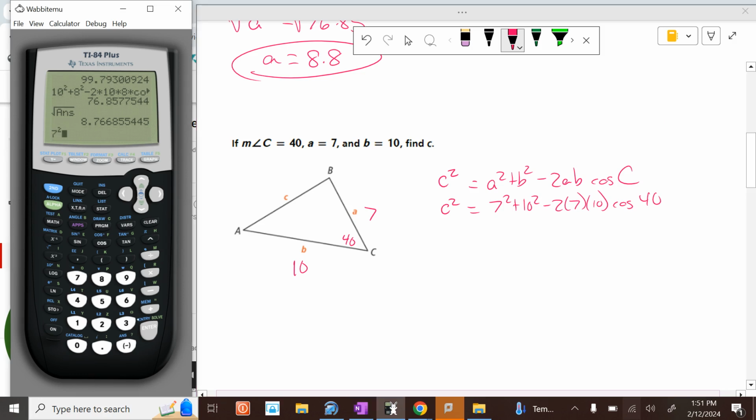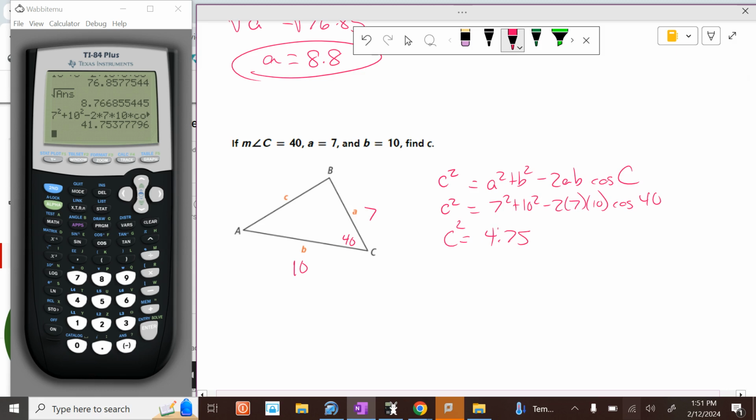7 squared plus 10 squared minus 2 times 7 times 10 times cosine of 40. And you get a number. C squared equals 41.75. And then take the square root.